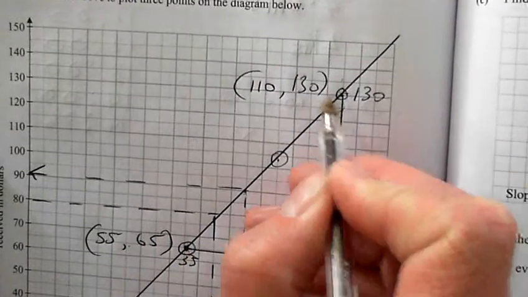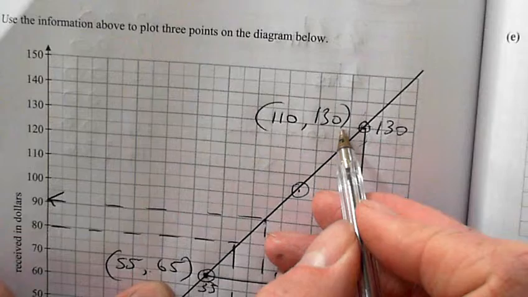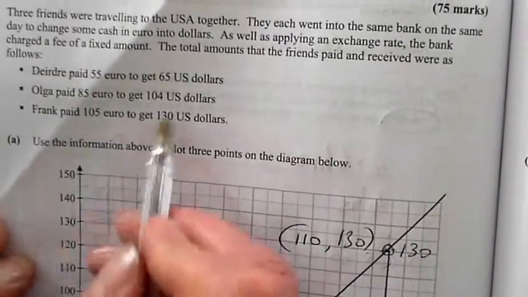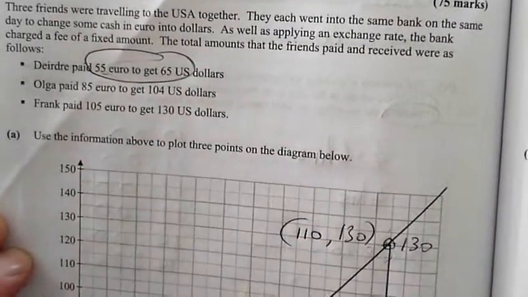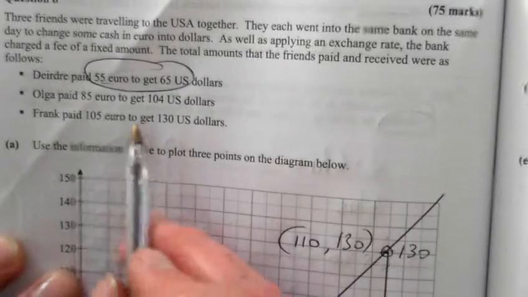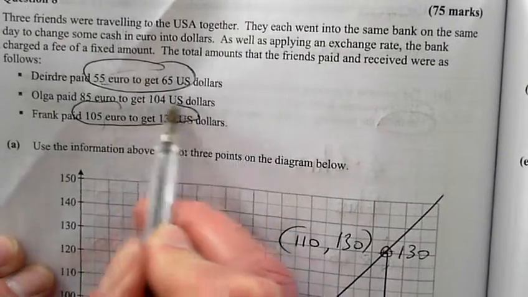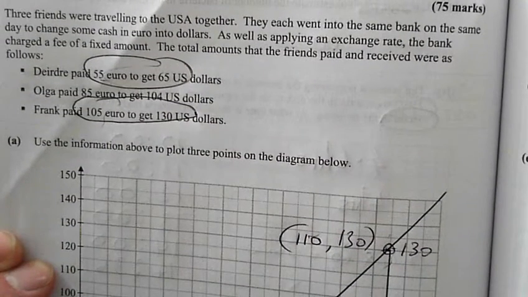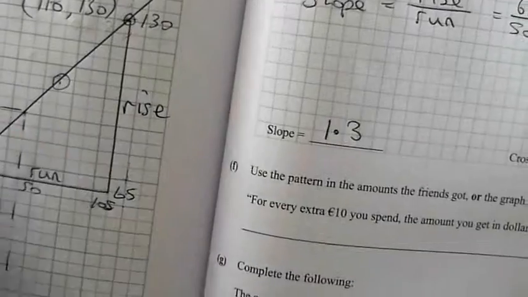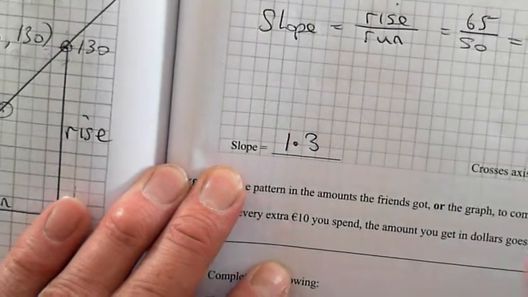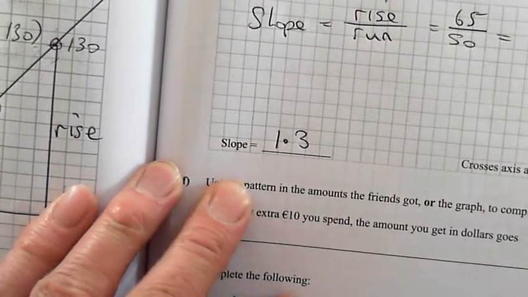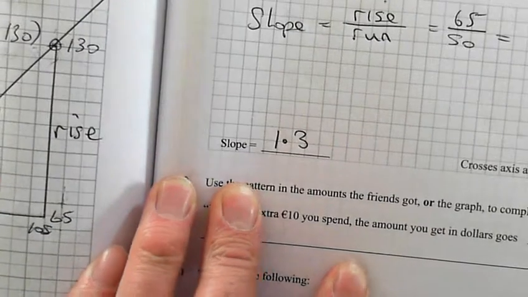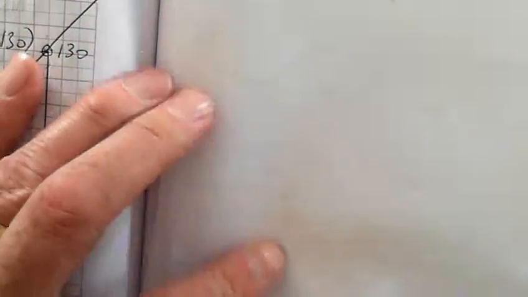I'm using those points because those 2 points were given to me at the beginning of the question. 55, 65 is there, and the other point that was given to me was 105 and 130. Right, so we'll do it your way.